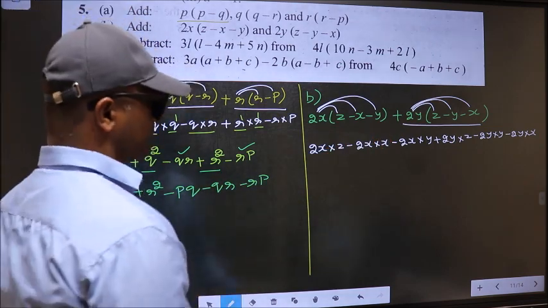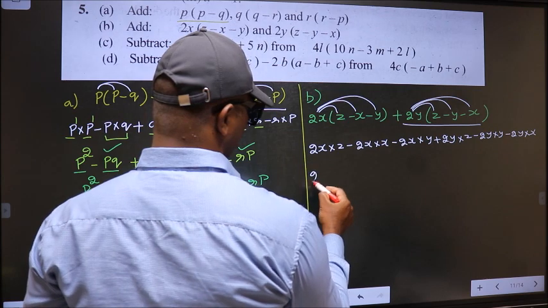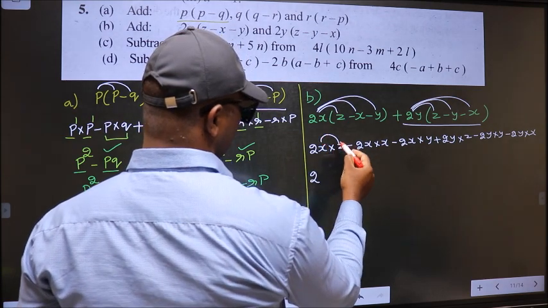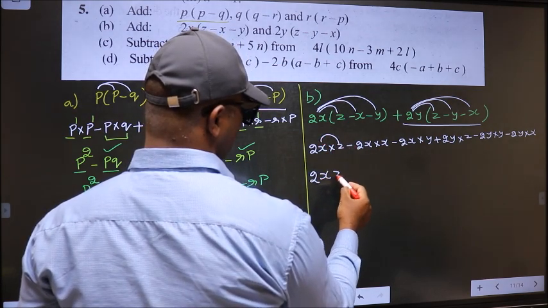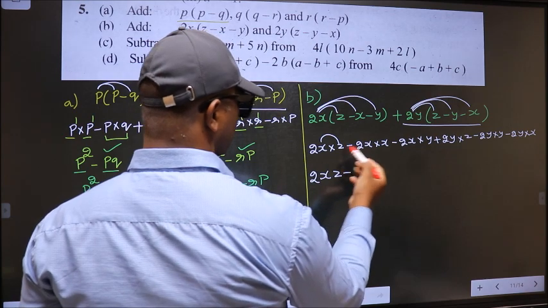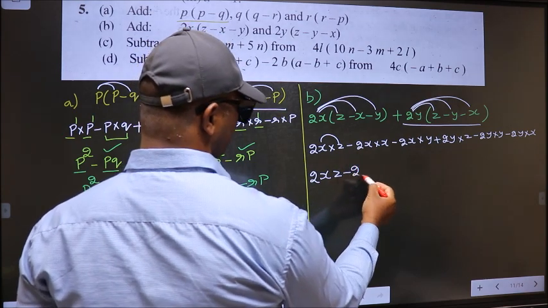Next, now here letter 2, x and z are different letters, so as it is you write, minus, here the number 2.